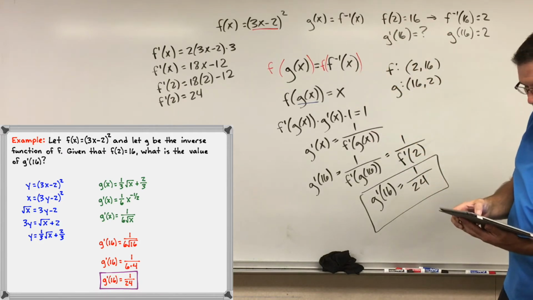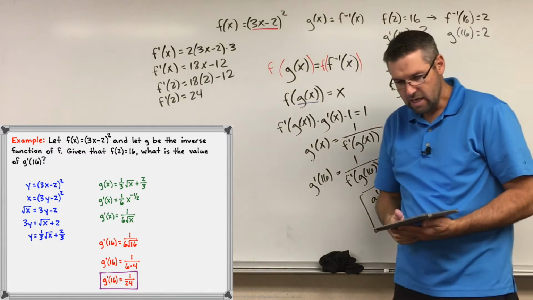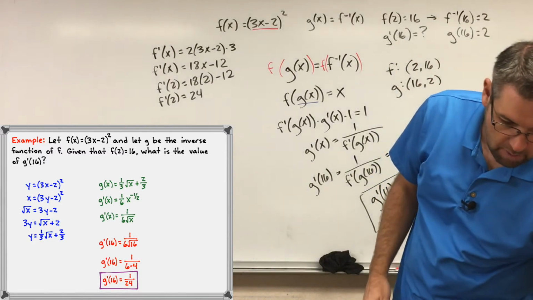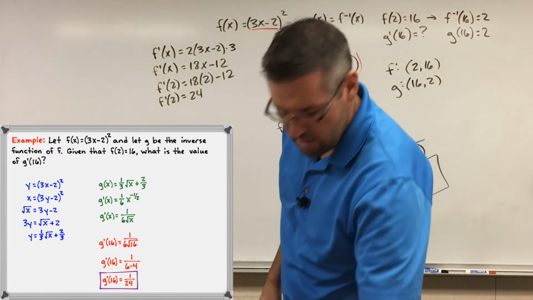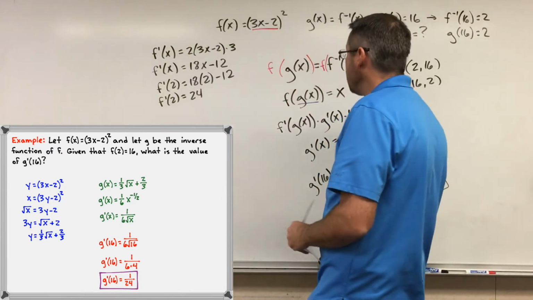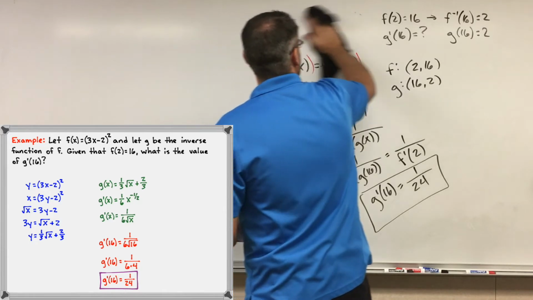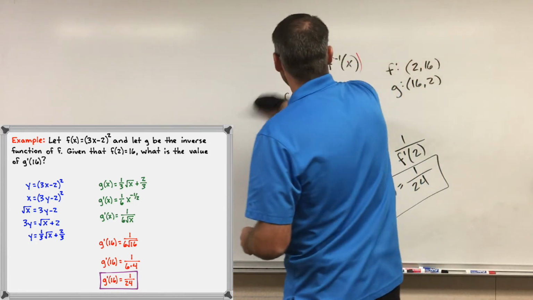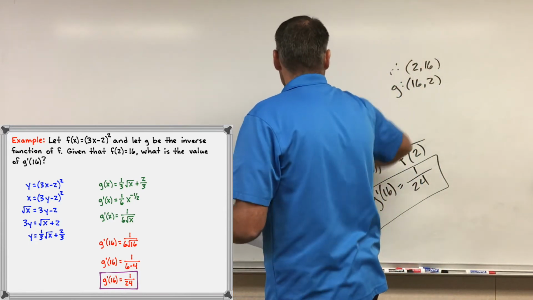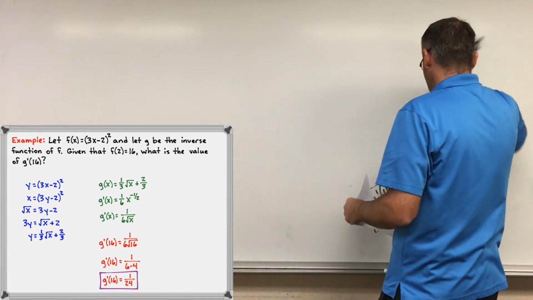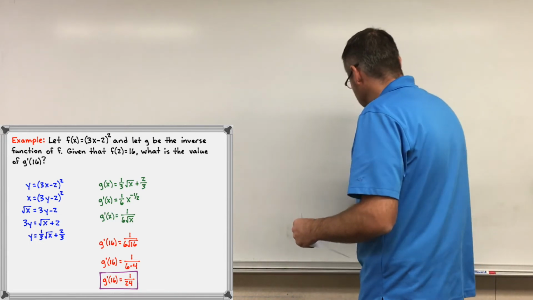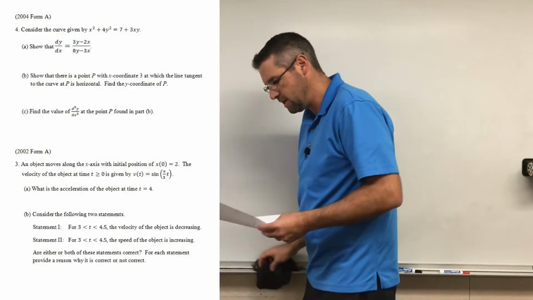All right, so the next thing I want to do is go over a couple of free response questions that were given quite a few years ago on the AP exam, and it will give us an idea of what to expect when it comes to what we've been talking about the last few lessons, okay?